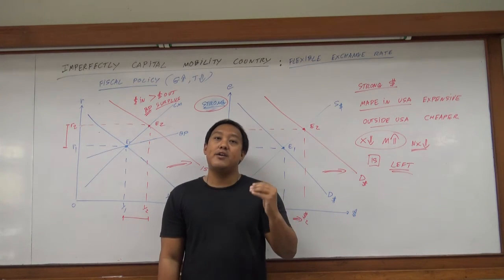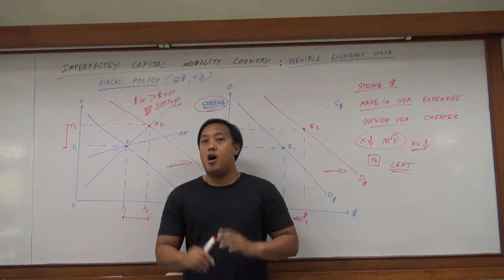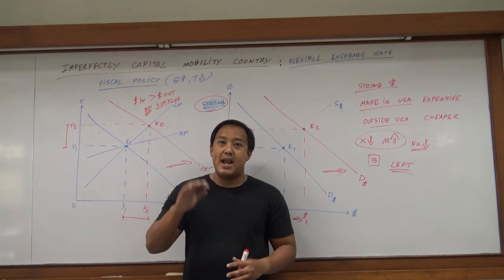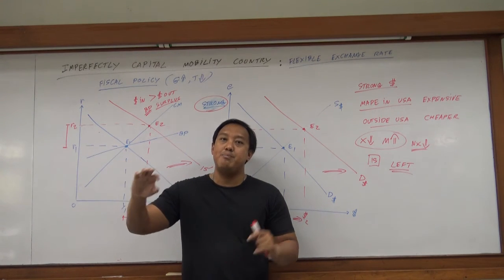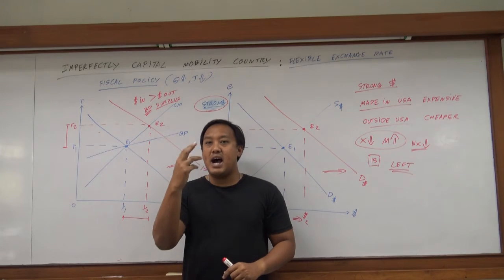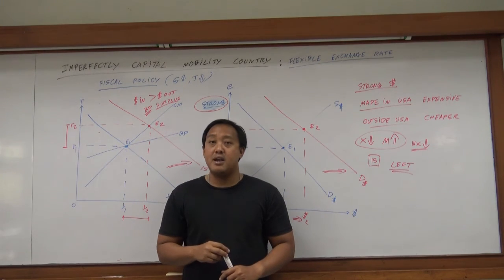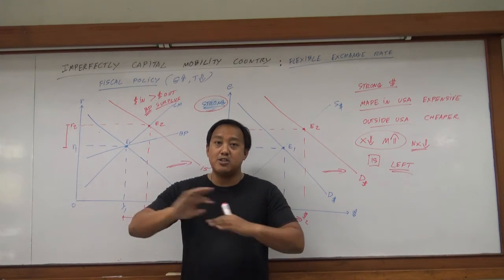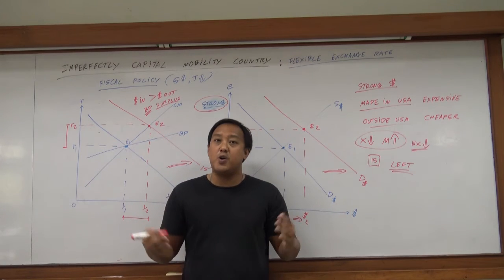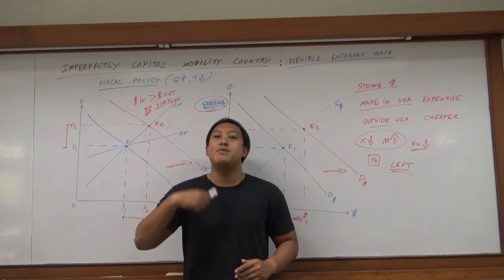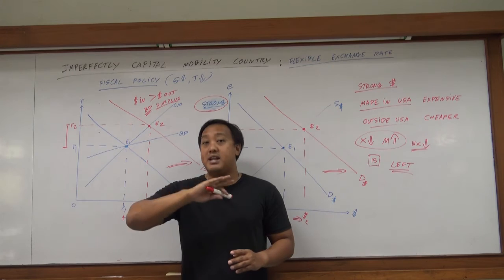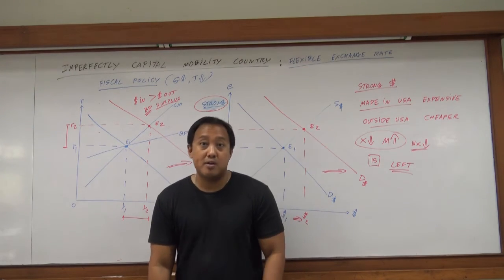On the other hand, when our currency becomes stronger, all the products and services made outside USA look cheaper to the eyes of American people. For American people, everything made outside USA becomes cheaper. So what are we going to do? American people are going to buy more products from other countries. We're going to import more.